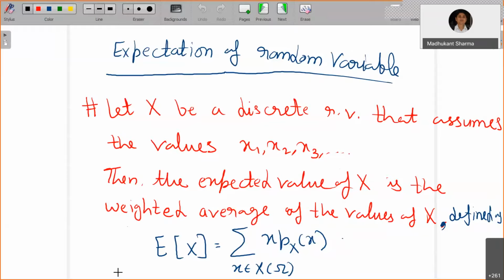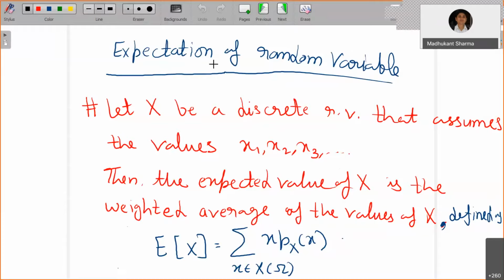Suppose n number of data is there. You sum up all the values and divide by n. That will give you the average. So this is also one of the motivations. Let's first define the definition, and we will also see some examples from a motivation point of view.